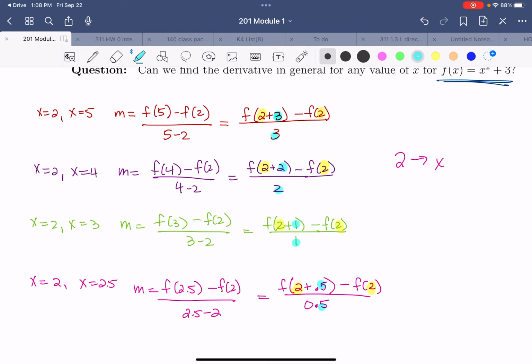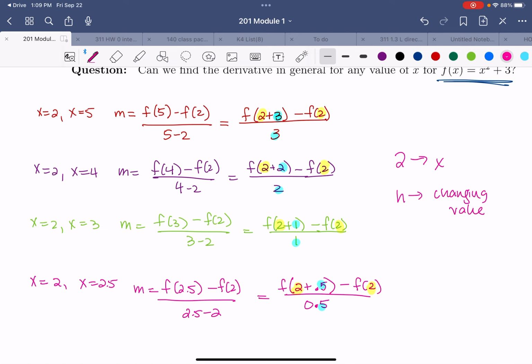So we took the limit as x went to 2. But this time, I'm looking at the distance between those 2 points. And those are getting closer and closer together. So notice that my denominators are getting smaller and smaller, so closer and closer to 0. Now, if I've already used x, I can't use the letter x here. So what we do is we use h for our changing value.